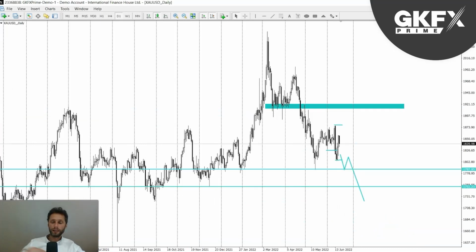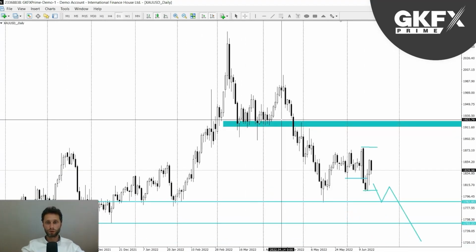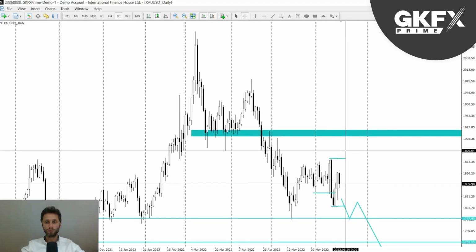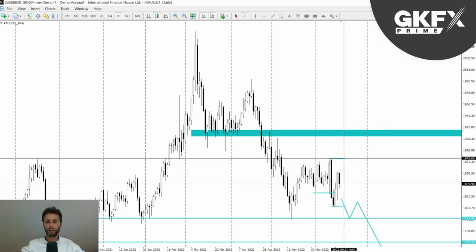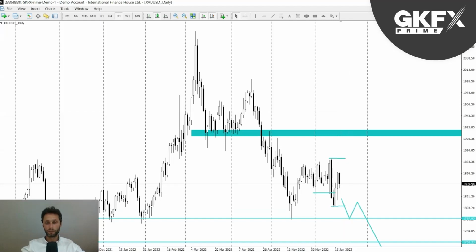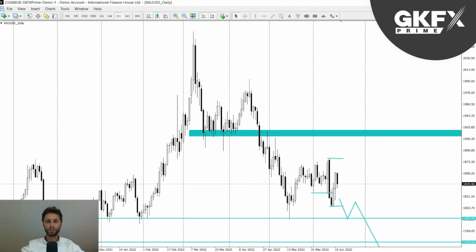If I look on the daily, you may have already seen, I've marked out this level zone where the market has been bouncing off from. I'll be looking at this level for the next target if we are indeed going to break this level and then go bullish. And if we don't, we break below, then I'm looking at this level right here as the next target to reach for.